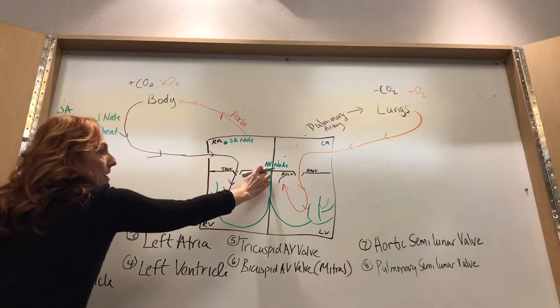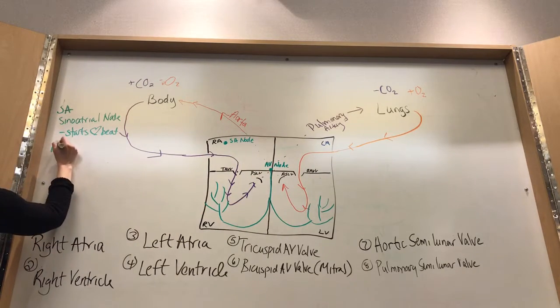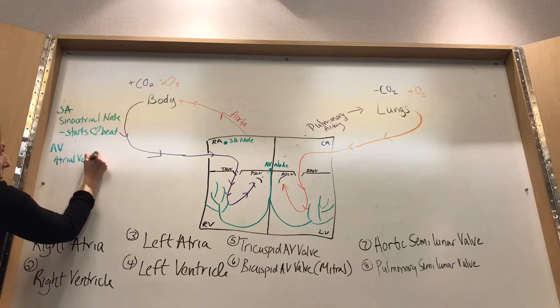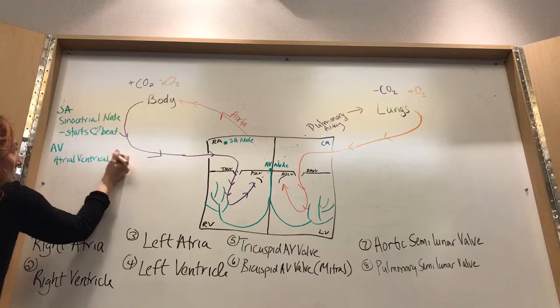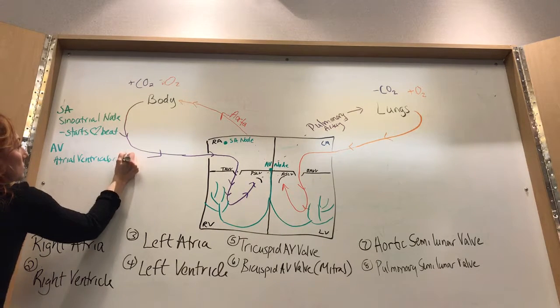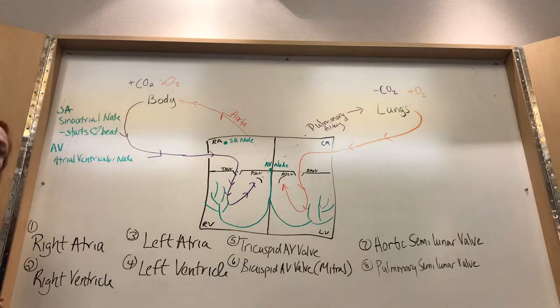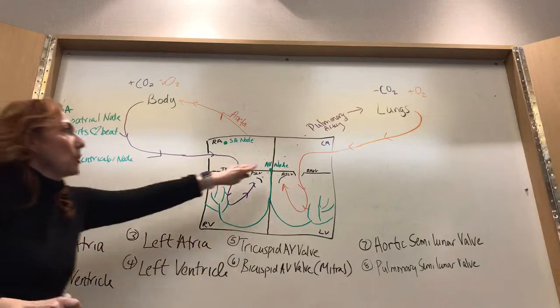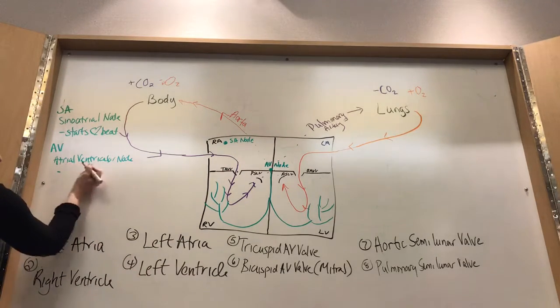That's here. And then we have the AV node, which is the atrioventricular node, which is kind of like a relay station and a booster point for the electrical signal. So we'll call that the booster station.